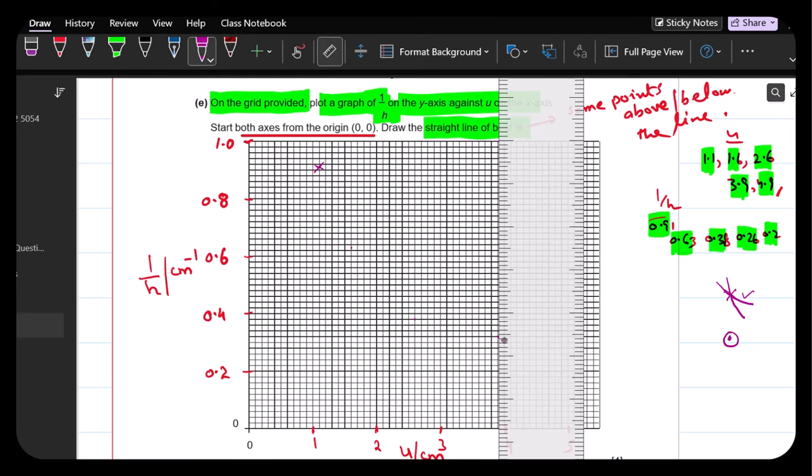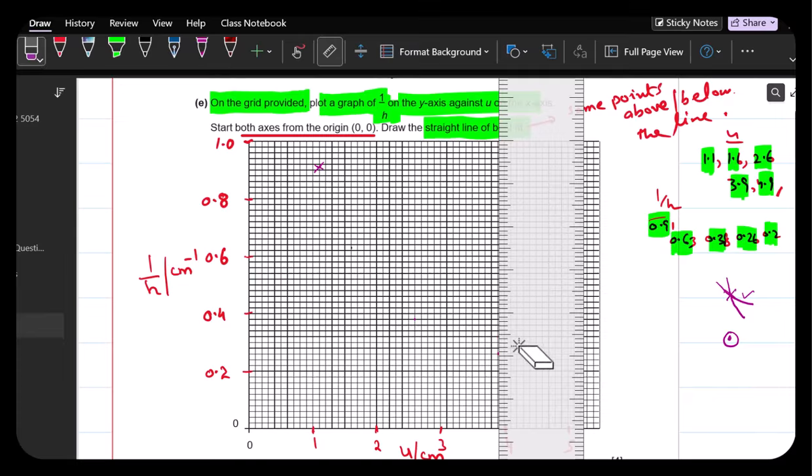So yeah, I think I made a little mistake. Let me recheck it. 0.2, 0.24, 0.26. Yeah, it will be somewhere here. 0.26. Sorry for this.